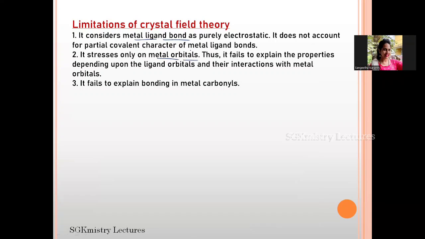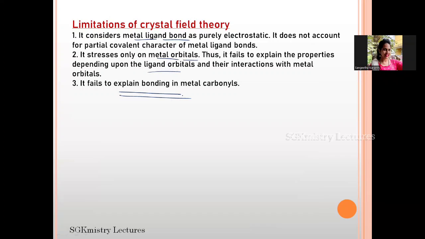But it is not explaining why with certain ligands there is much splitting, as well as why with certain ligands the delta value is lower. All these things were not explained in detail. It could not explain the interactions of the metal orbitals with the ligands. And it cannot also explain the bonding in case of metal carbonyls.